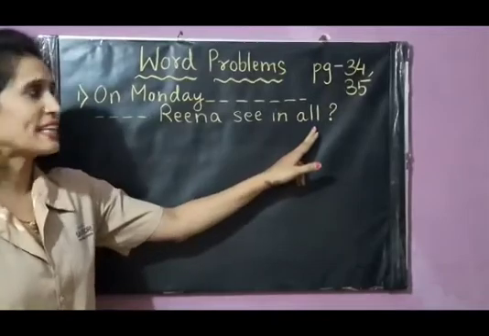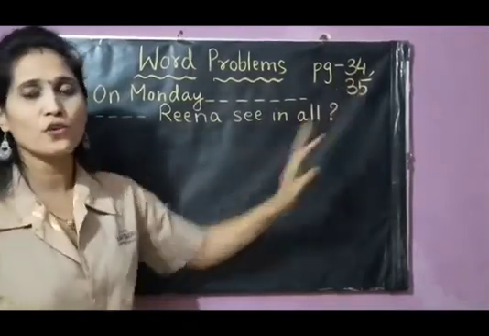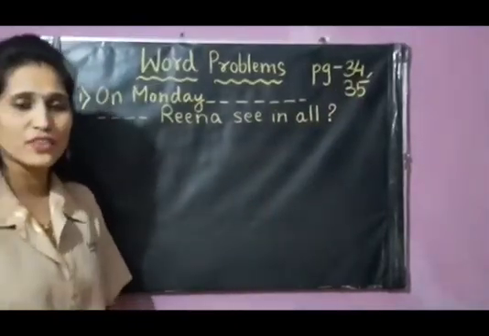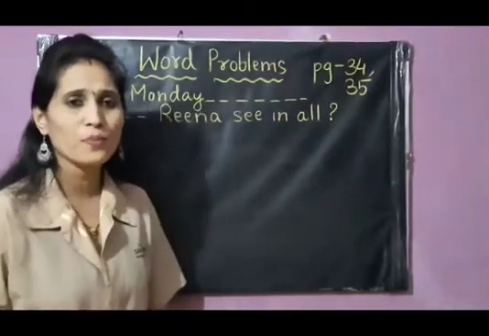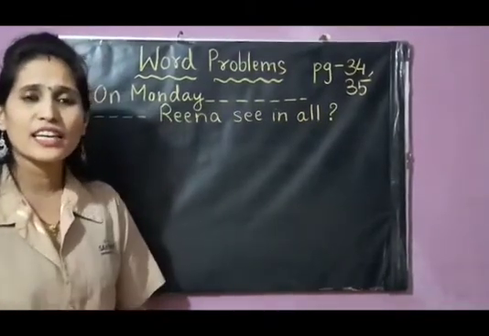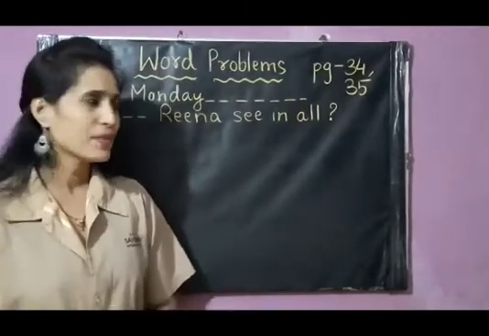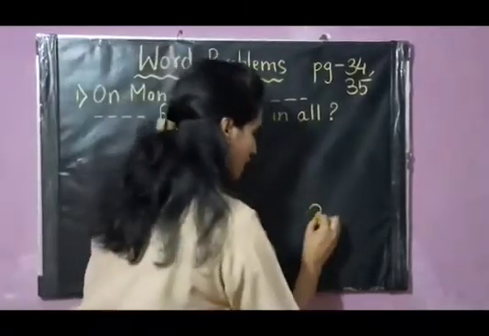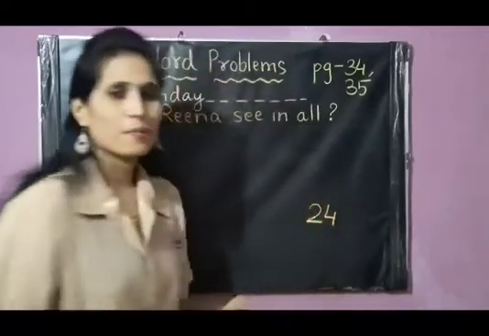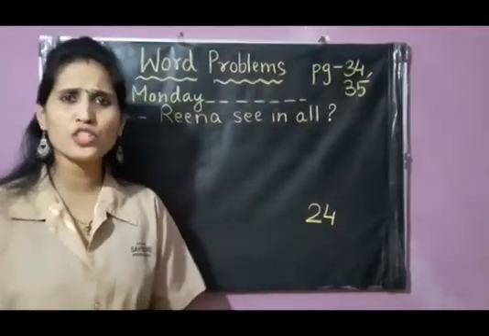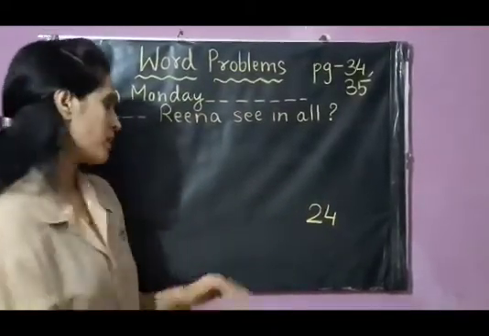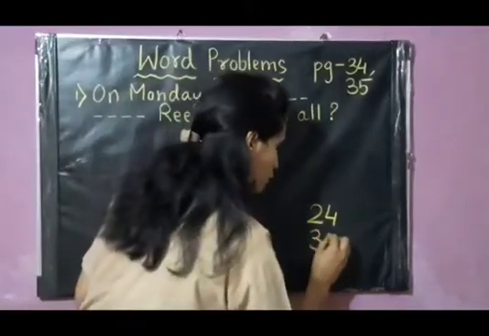Okay, children, you can take reference from page number 34 of your textbook. I have read the word problem for you. On Monday, Reena saw some butterflies. How many butterflies were there? There were 24 butterflies on one bush and there were 32 butterflies on another bush.